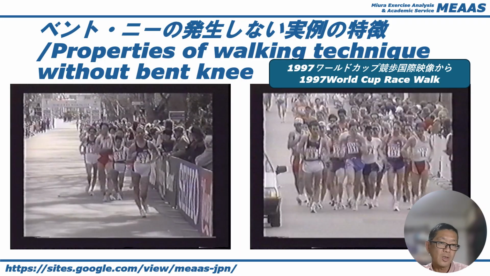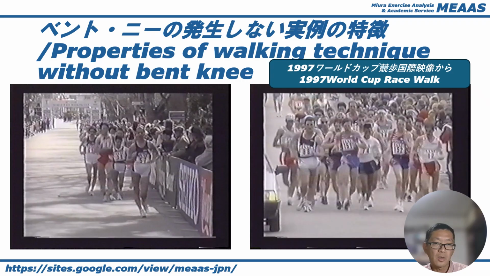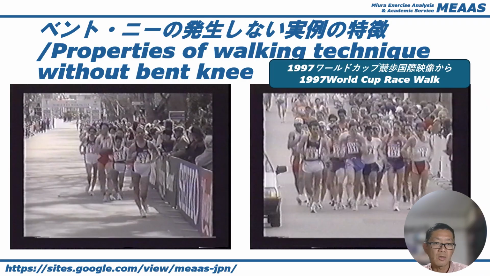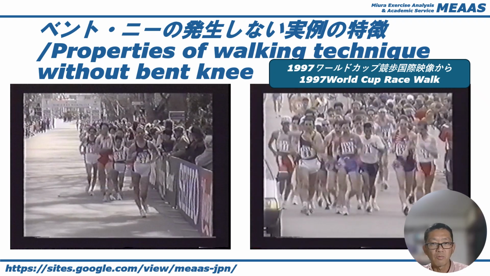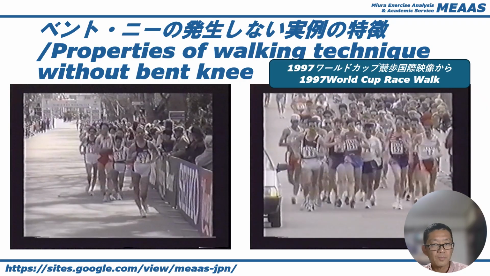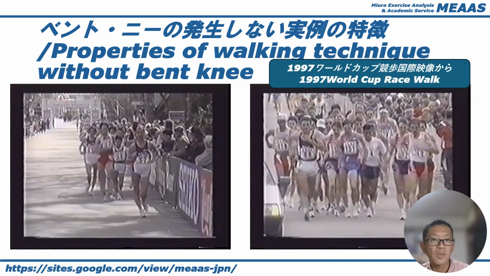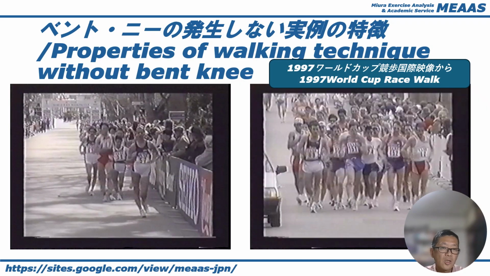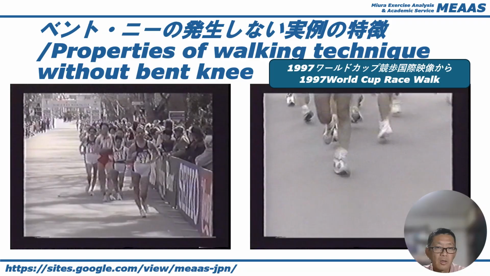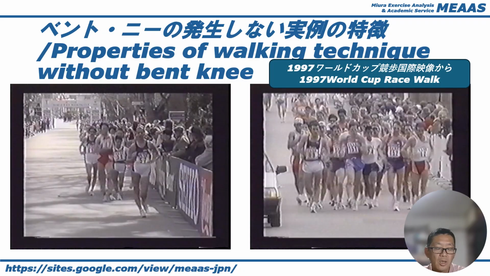So the Italian walker many times walks with a straight leg and extended knee, but sometimes the Russian walker is not so extended. So I think this inside knee swing, forward swing, is a property of the walker with a straight leg.